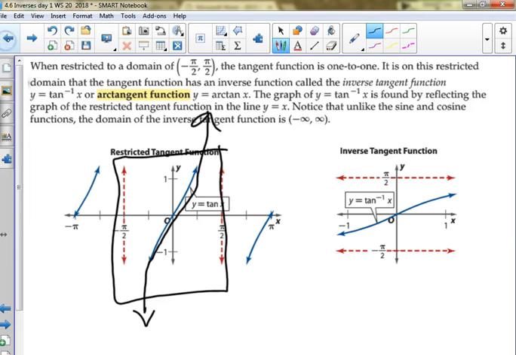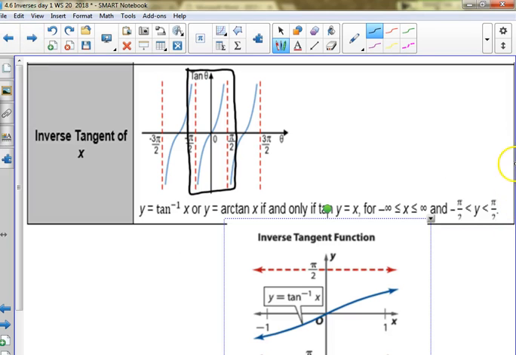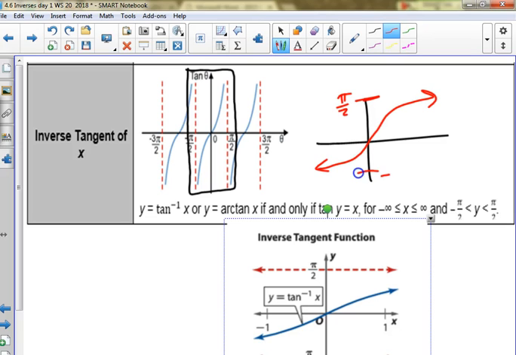So on my color, well, first, let's finish sketching this super fast. It looks like this. Okay. It used to go negative pi over 2 to pi over 2. That's now where the horizontal asymptotes would be. Does it have ends out here?